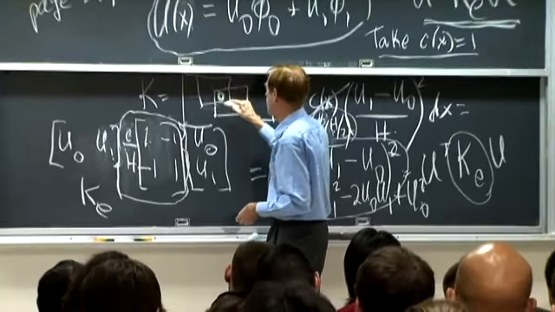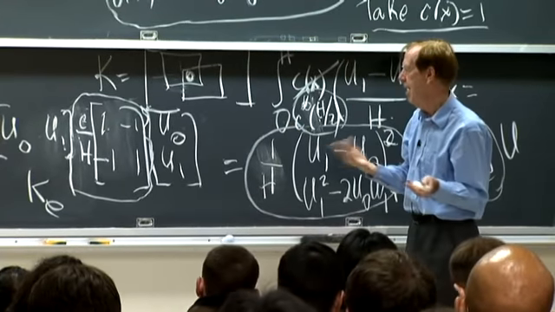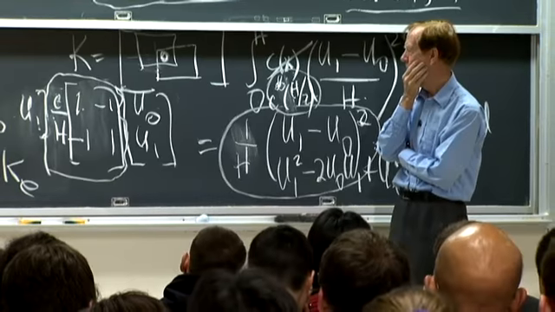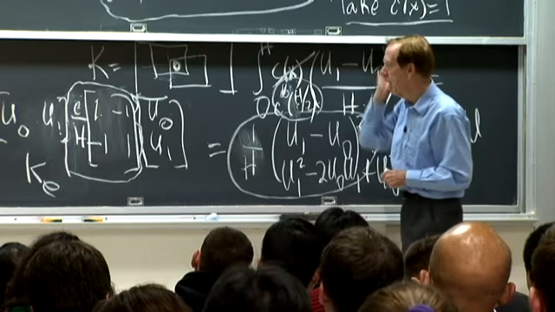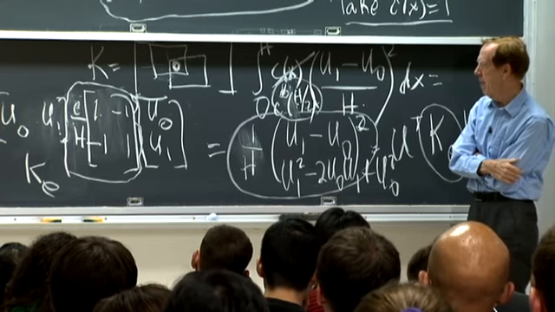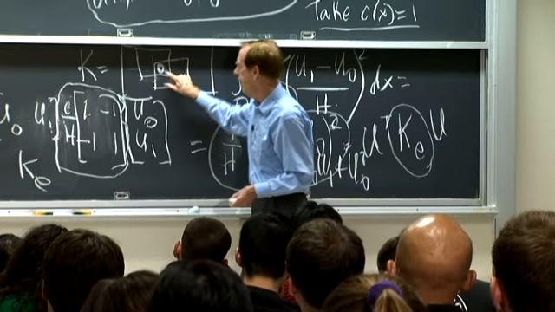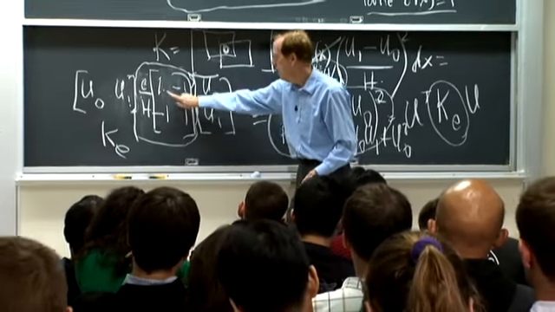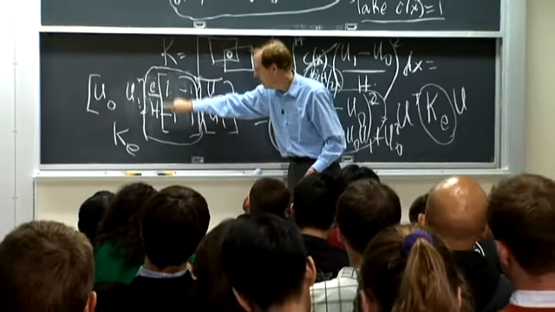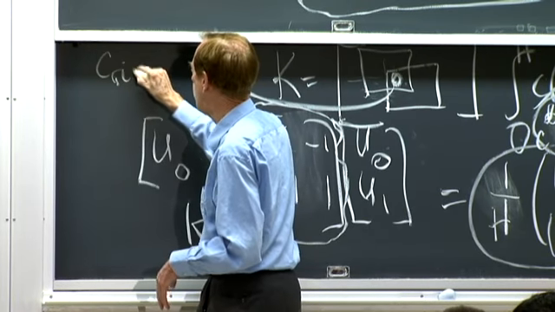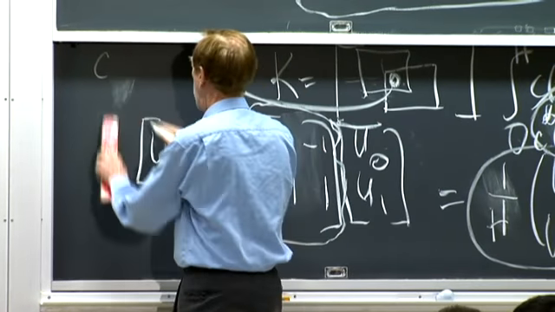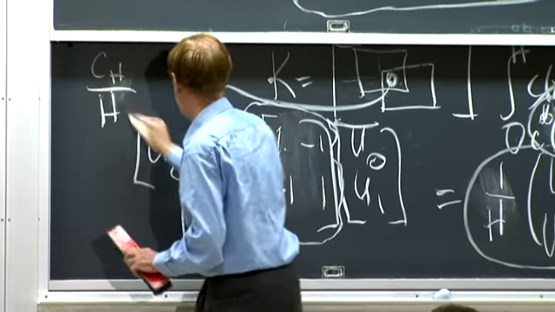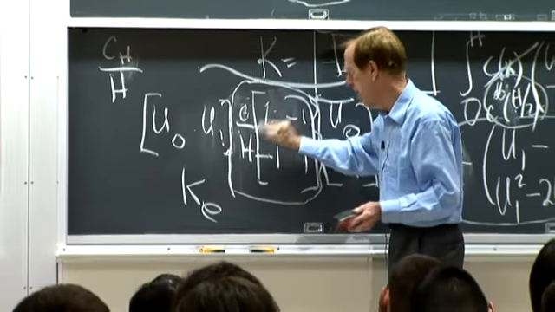And so there is the diagonal guy, and maybe you could tell me what number will go there. What number would actually go there, and then you'll see the whole point of assembly, stamping in. Well, what number goes there from this? 1 times the c over h, correctly. So in here would be the c on the big H interval, divided by the h, because that 1 we had to get it right.